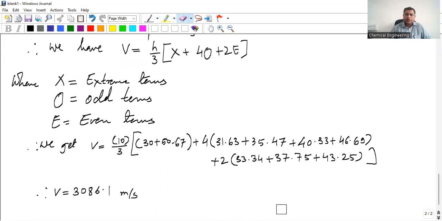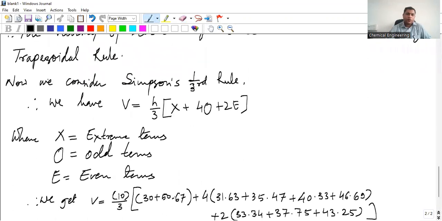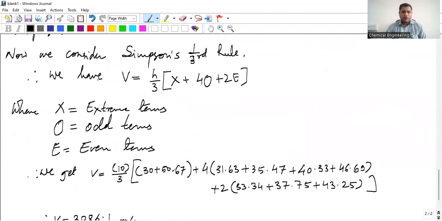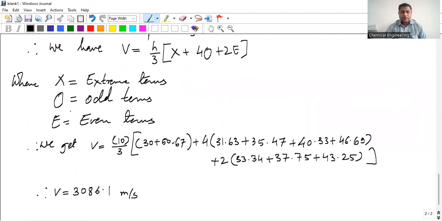Velocity will be in meter per second. See, the previous value that we got is 3087.95, and here we got 3086.1.